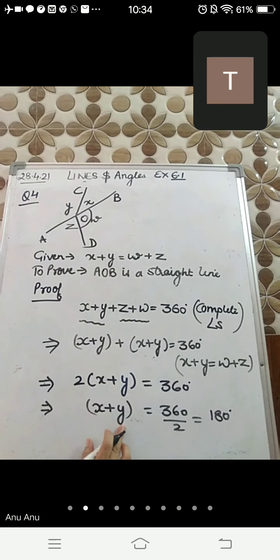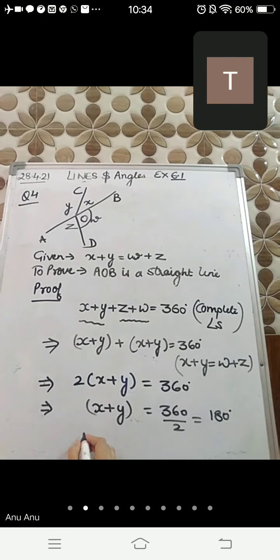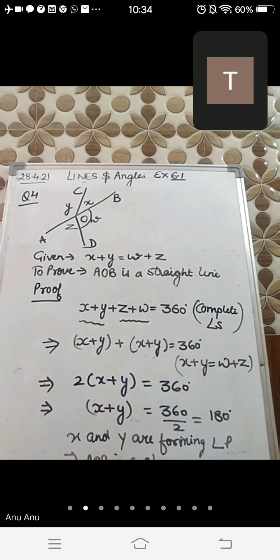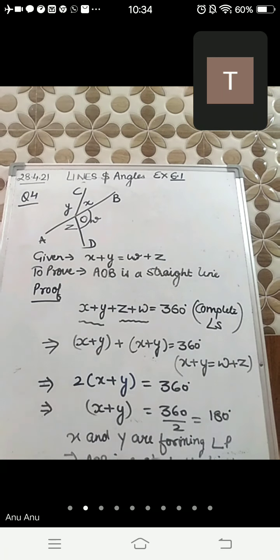So what is the sum of x and y? 180. If the sum of x and y is 180, that means x and y are forming a linear pair. That means AOB is a straight line. AOB is a straight line.